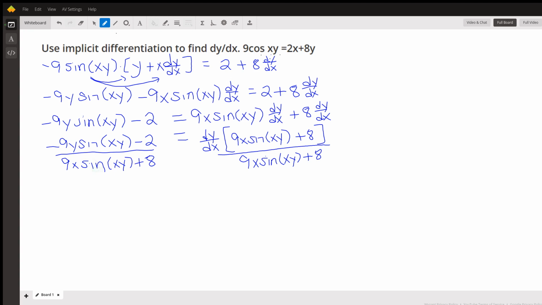Once I do that, my dy/dx is equal to what I have here on the left: negative 9y sine of xy minus 2, all over 9x sine of xy plus 8.